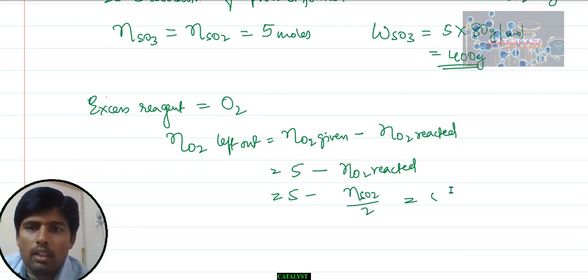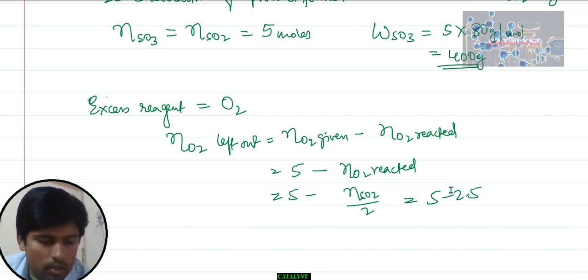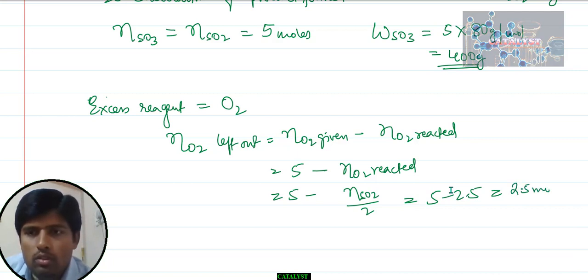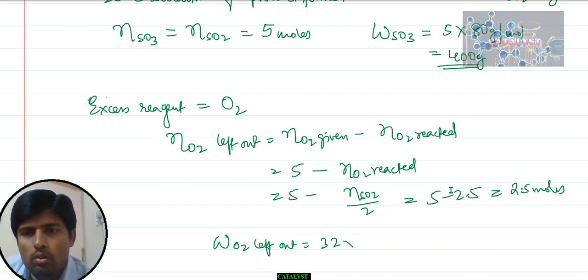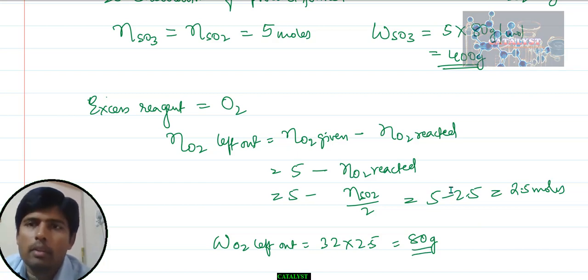It will be 5 minus 2.5 is equal to 2.5 moles. So suppose we calculate the weight of O2 left out, it will be 32 into 2.5. That's 80 grams. So our answer is 80 gram here and 400 gram here.